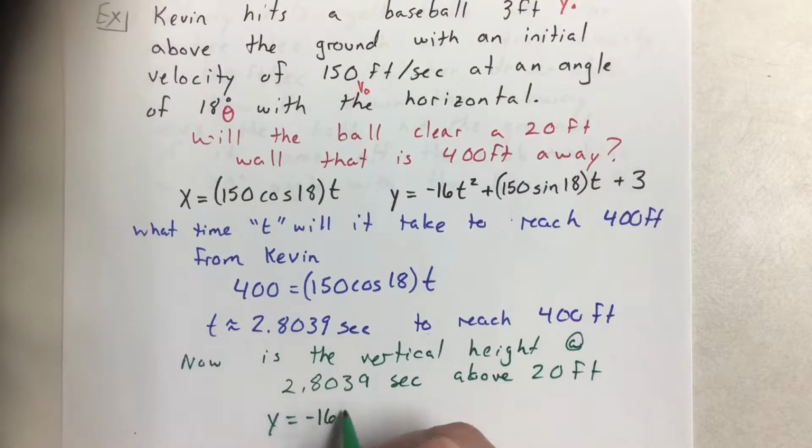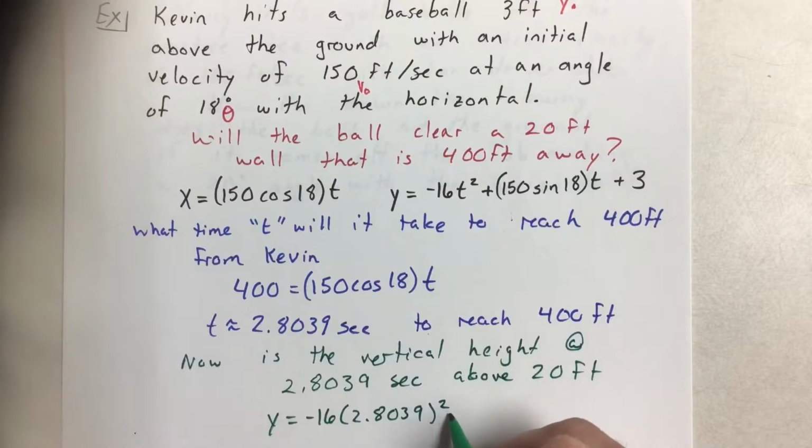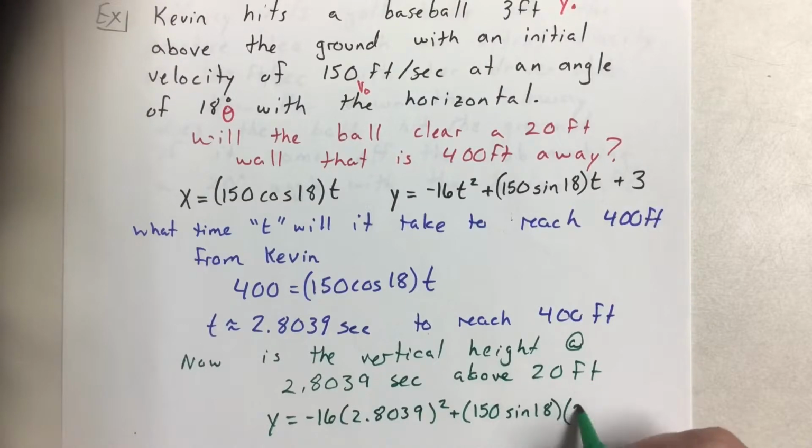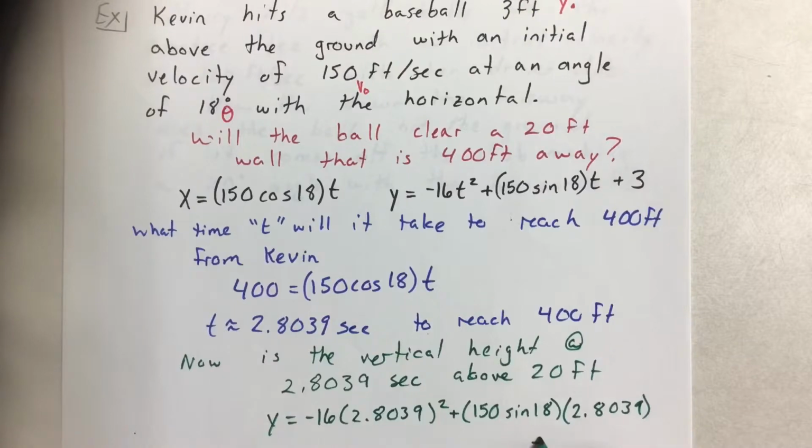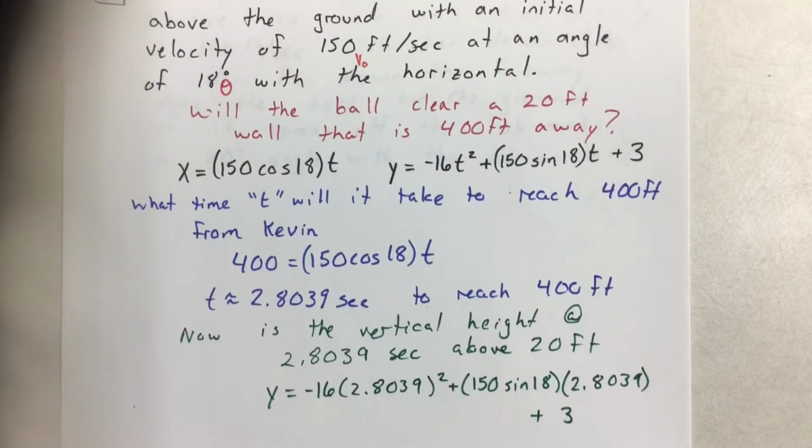So negative 16 times 2.8039 squared. It's going to be a long expression. Plus 3. Okay, I had to put my plus 3 down below.